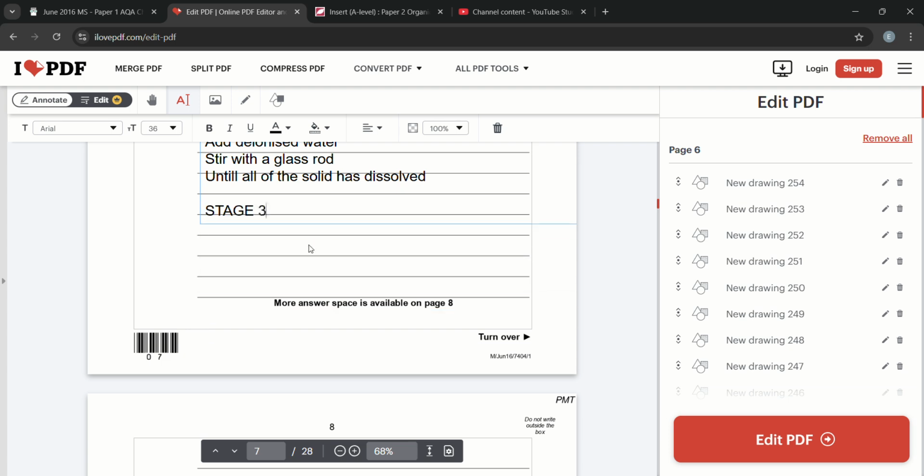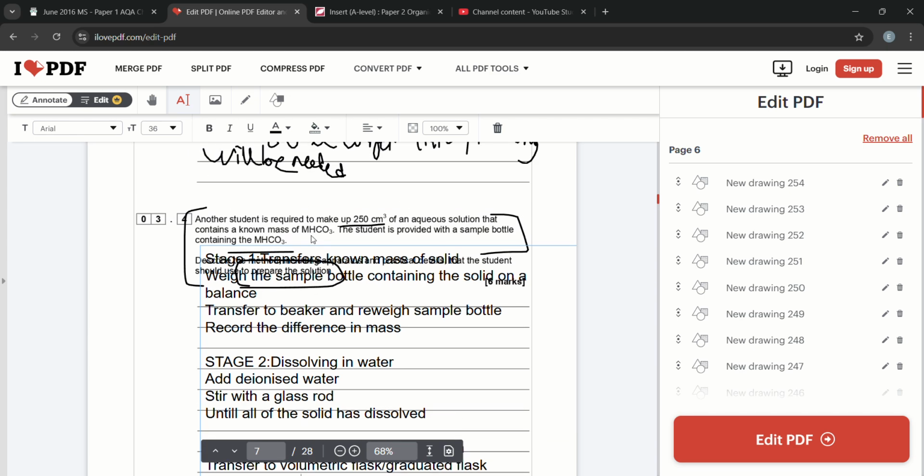Stage 3, transfer, washing, and agitation. So we want to transfer to what kind of flask? To a volumetric flask, or graduated flask, with washings. And now here's where the key details come from the question.